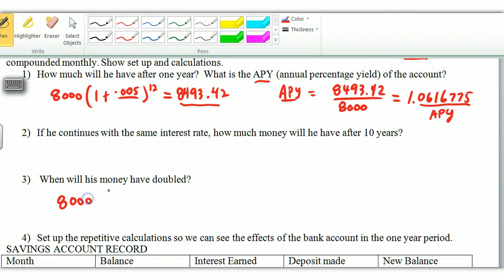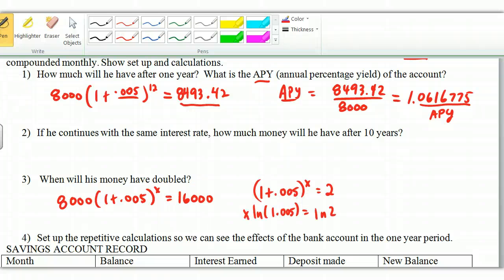So we have 8,000 times 1 plus 0.005 raised to the x is equal to, I need to double, I'm going to get 16,000. And when I solve this out, why don't you go ahead and pause this and see what time this will double.